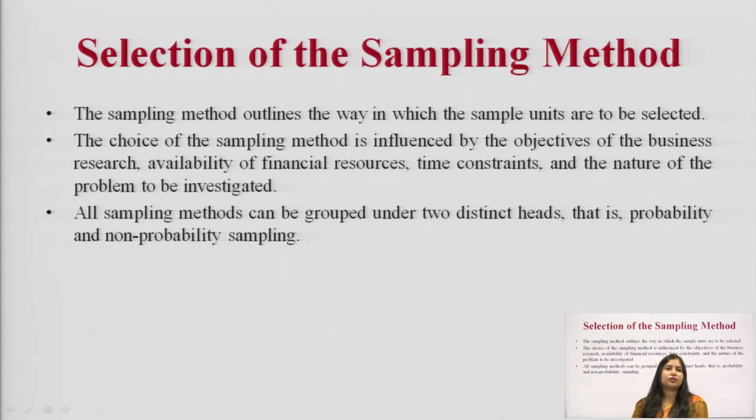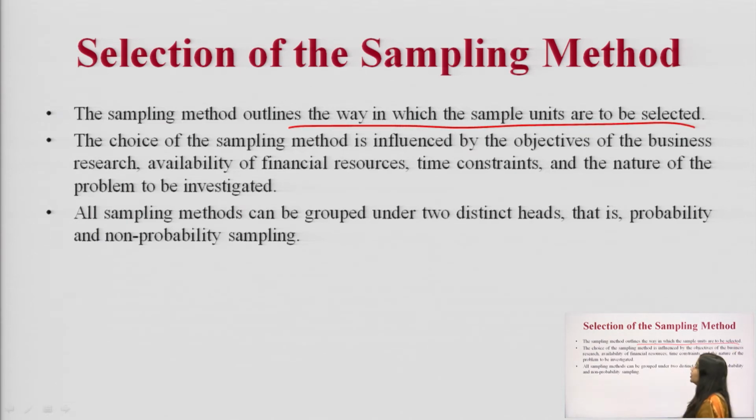There is a further division in probability and non-probability sampling, which we are going to deal with in later lectures. Here, just understand that the sampling method is basically the outline, or a way in which you are going to select your sample. You have defined everything, and how you are going to select your sample is your sampling method.